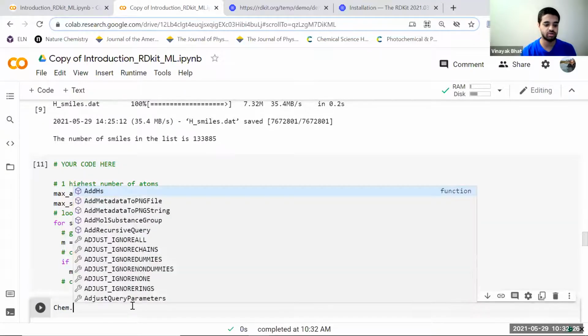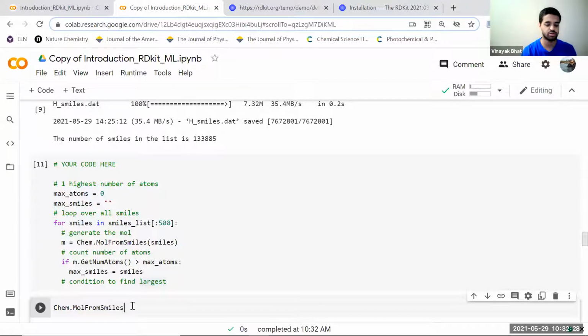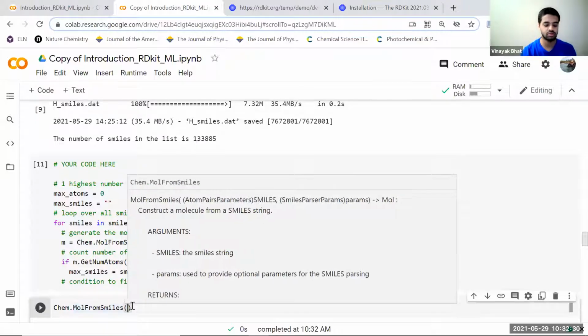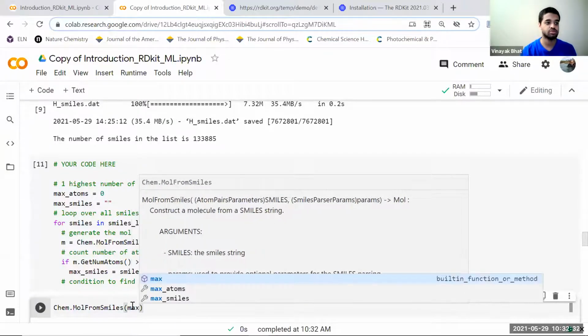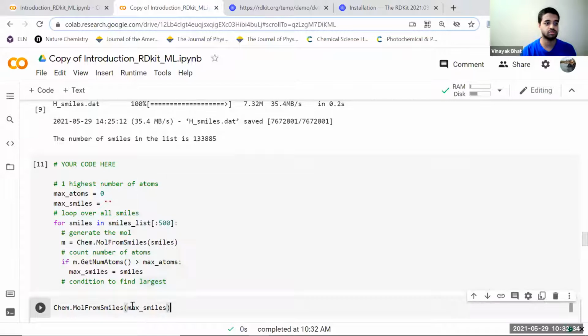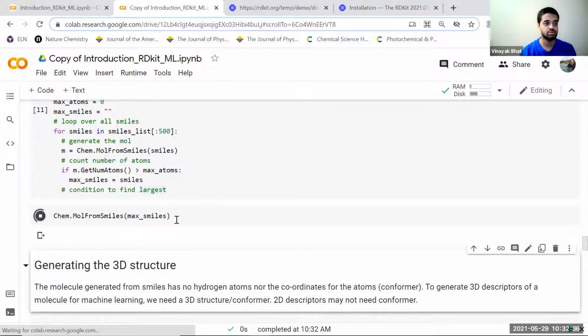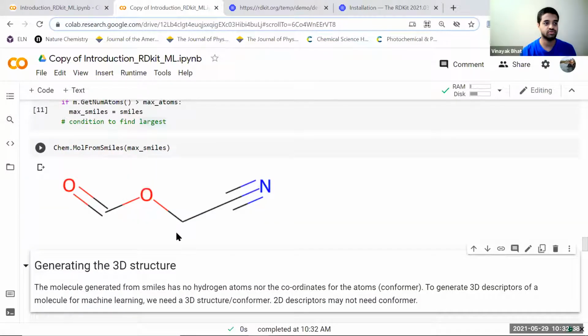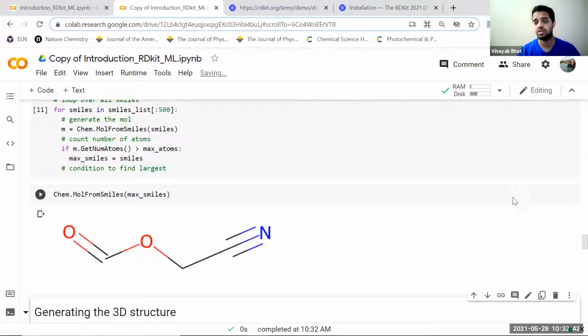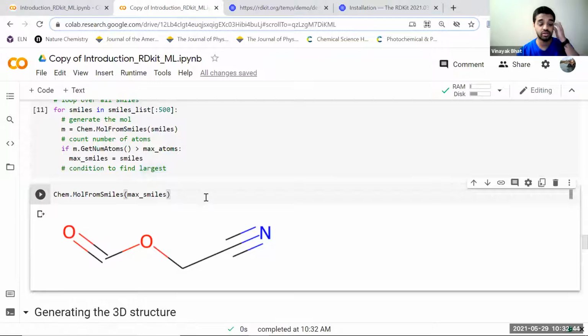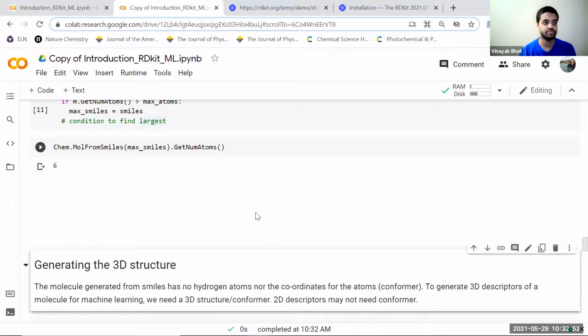So I'll do Chem.MolFromSmiles of max smiles. So yeah, 1, 2, 3, 4, 5, 6. I used a smaller set, so depending on this, you can get 6 for this.